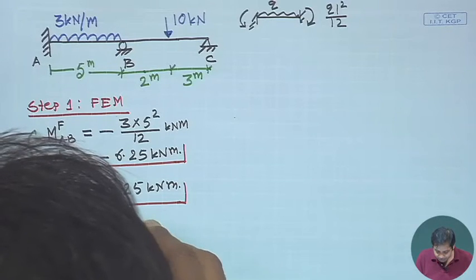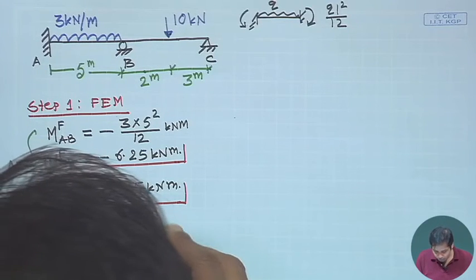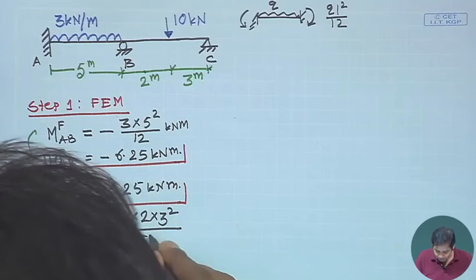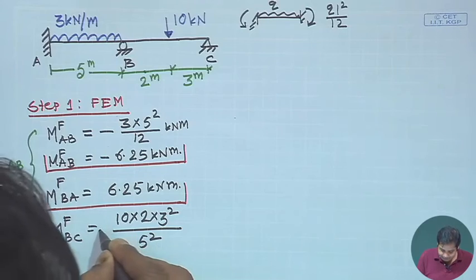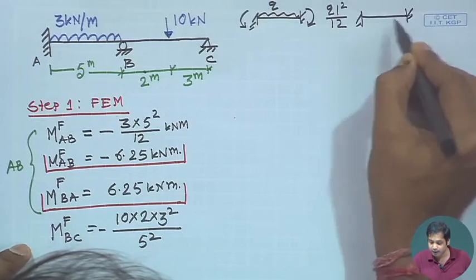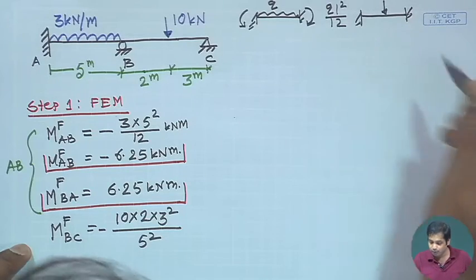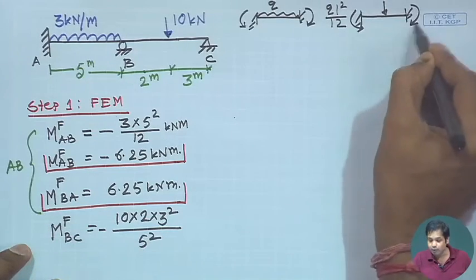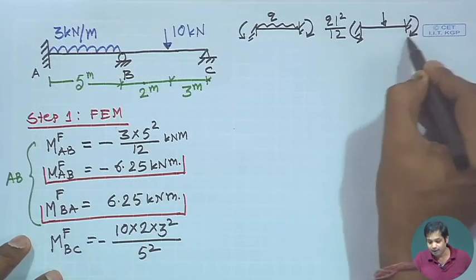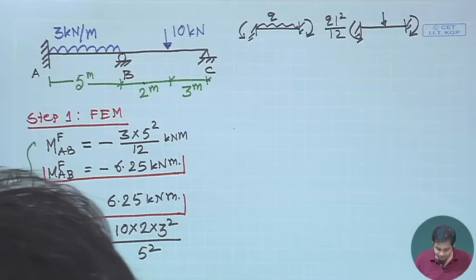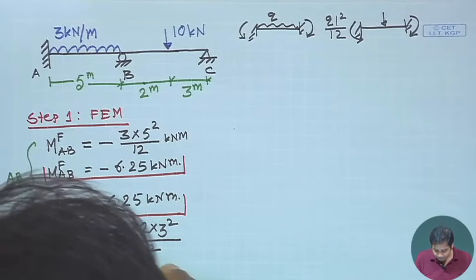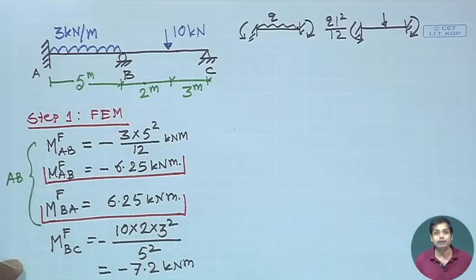So this becomes 10 into 2 into 3 square divided by 5 square. Again this is negative, because at this point it is anti-clockwise and at the other point it is clockwise. So this becomes minus 7.2 kilonewton meter.